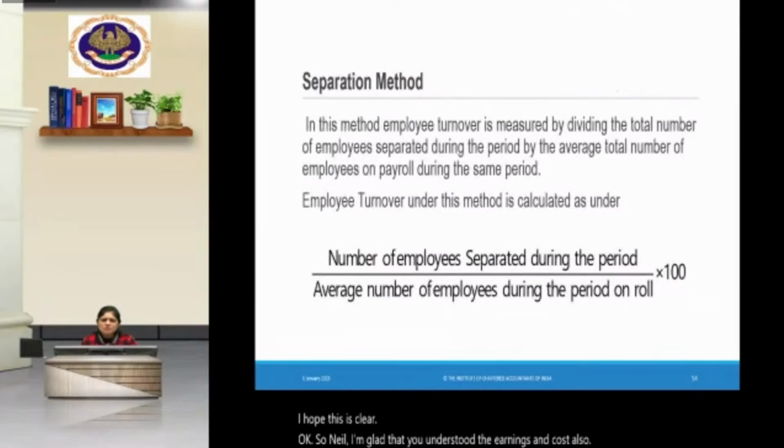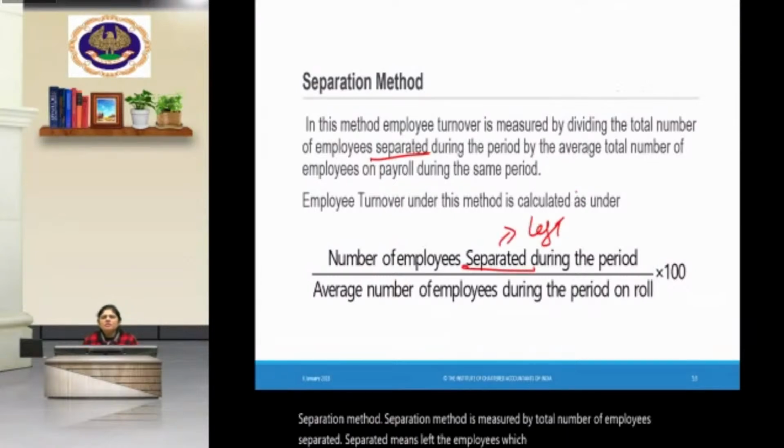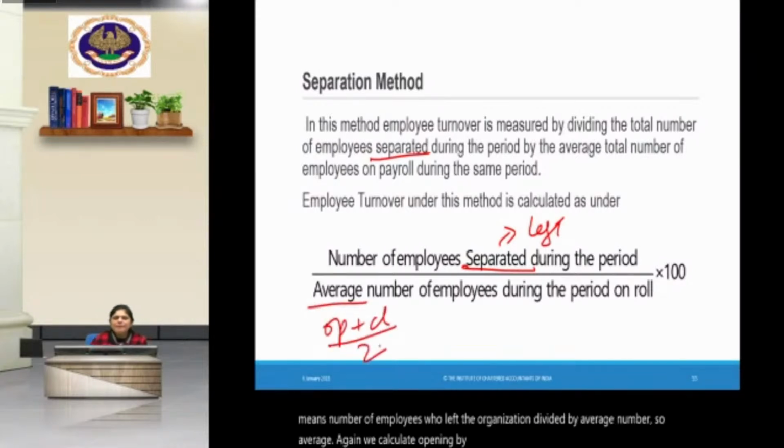So the separation method is measured by the total number of employees separated. Separated means left, the employees who have left the organization. So the number of employees separated divided by the average number. The average we calculate as opening plus closing divided by 2, a simple average.